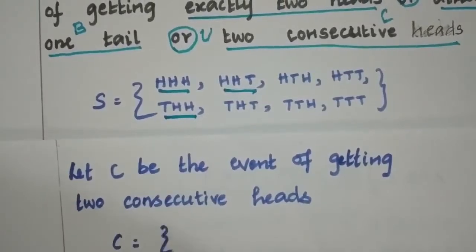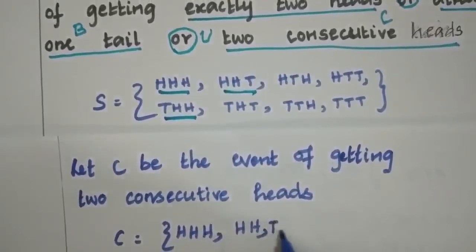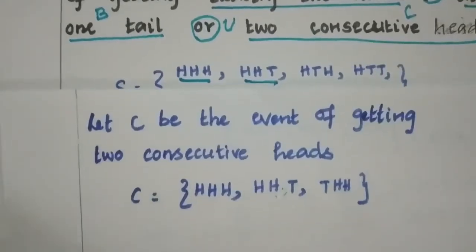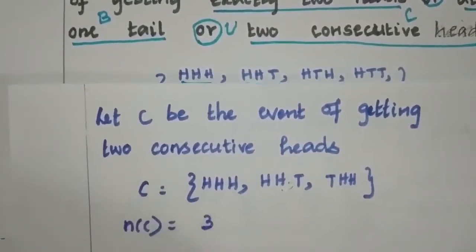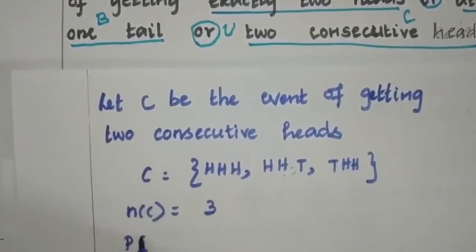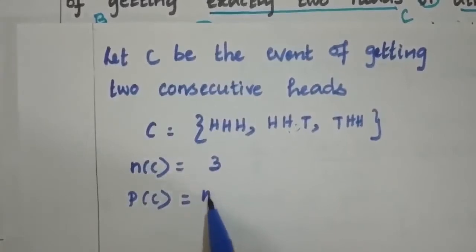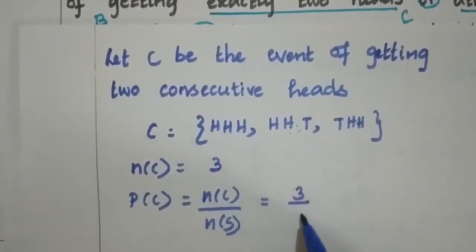C is HHH, HHT, THH. So n of C is equal to 3 sample points. Now we have to find P of C. What's the formula to find P of C? P of C is equal to n of C by n of S. Substituting the values, we get 3 by 8.